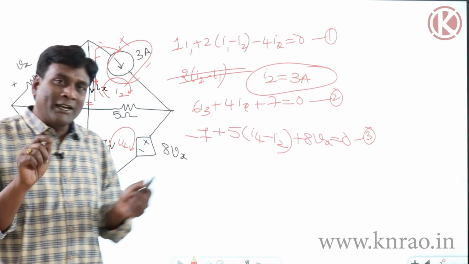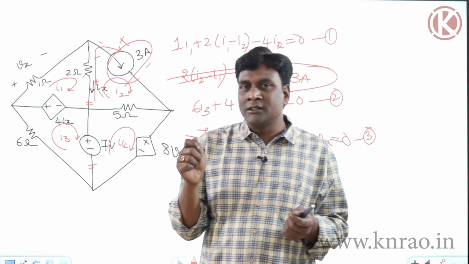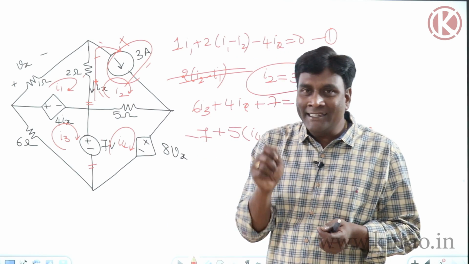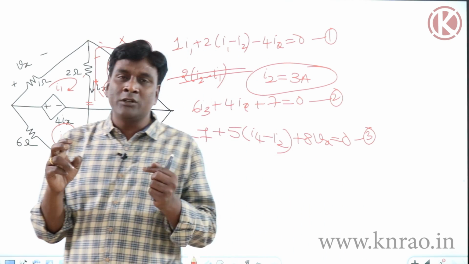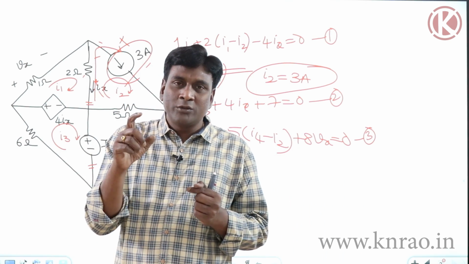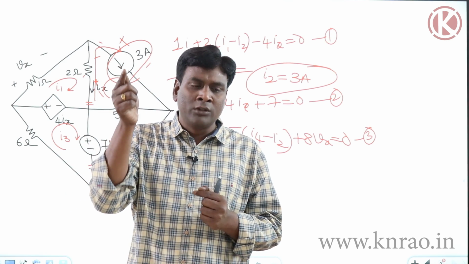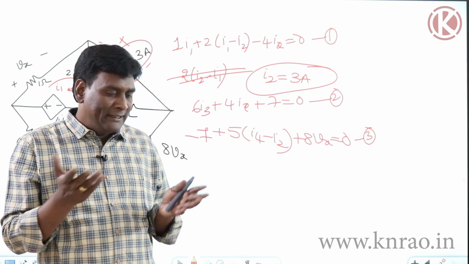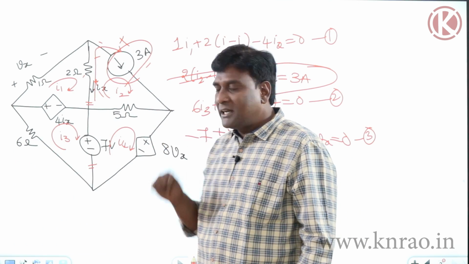Now if you connect this to nodal analysis also, in nodal analysis at one point we did not apply KCL, where if a voltage source is connected with respect to reference to the concerned node, we need not apply KCL at all. Similarly here, you can make a note of it.